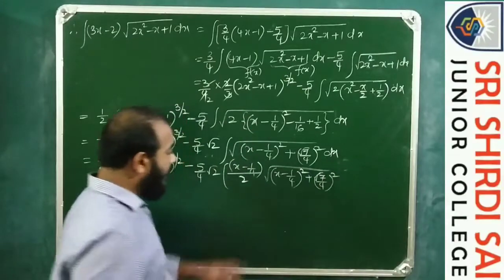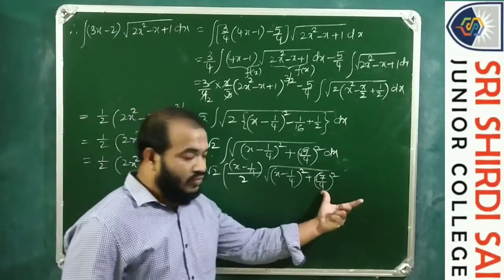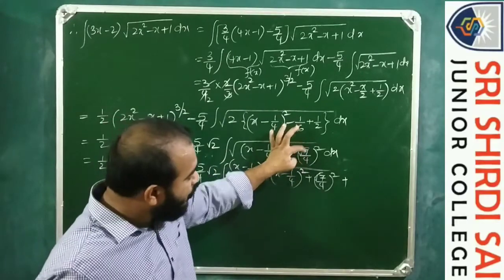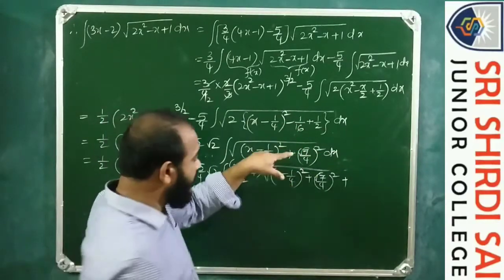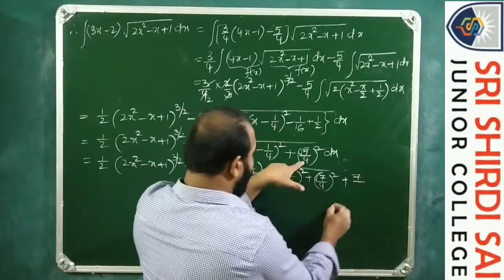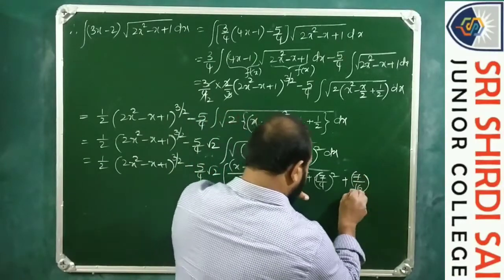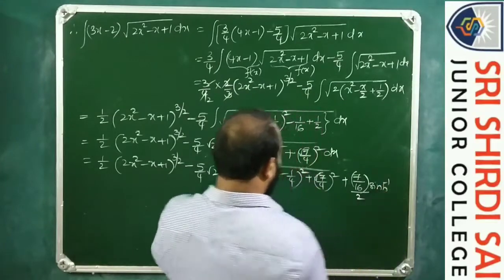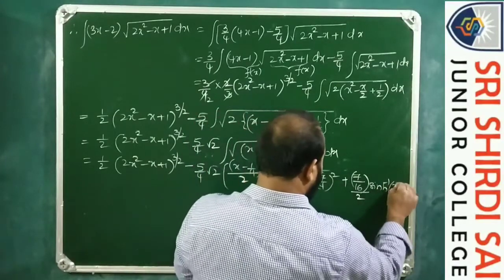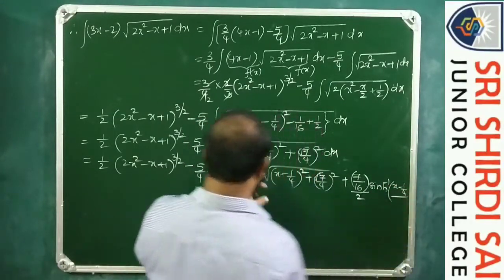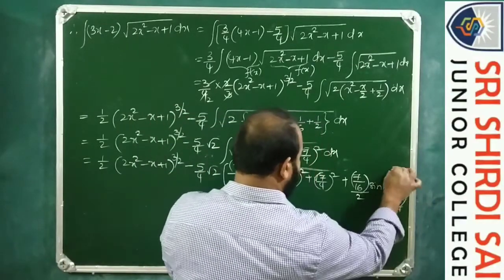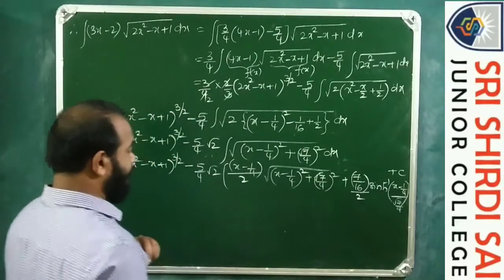So this is x/2 root of a² + x² plus a²/2. a is root 7/4, whole square is a², so (7/4)² is 7/16. a²/2 sinh inverse x/a, x is x − 1/4, a is root 7/4, plus constant of integration c.